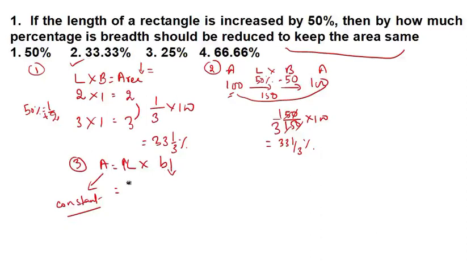We know that the length is increased by 50%. 50% means 1 by 2, right? It is increased by 1 by 2. Now the length is increased, okay? To maintain the area constant, this has to be decreased. So this is plus, you just write minus. Minus is the decrease sign.